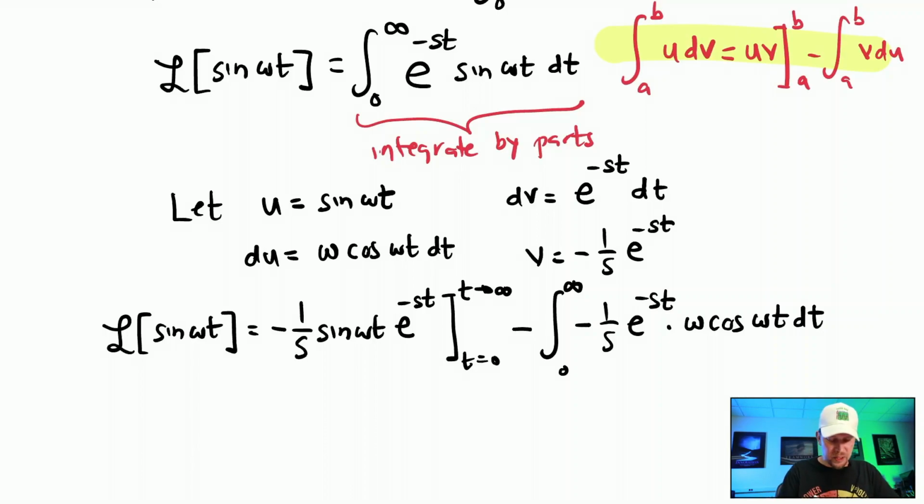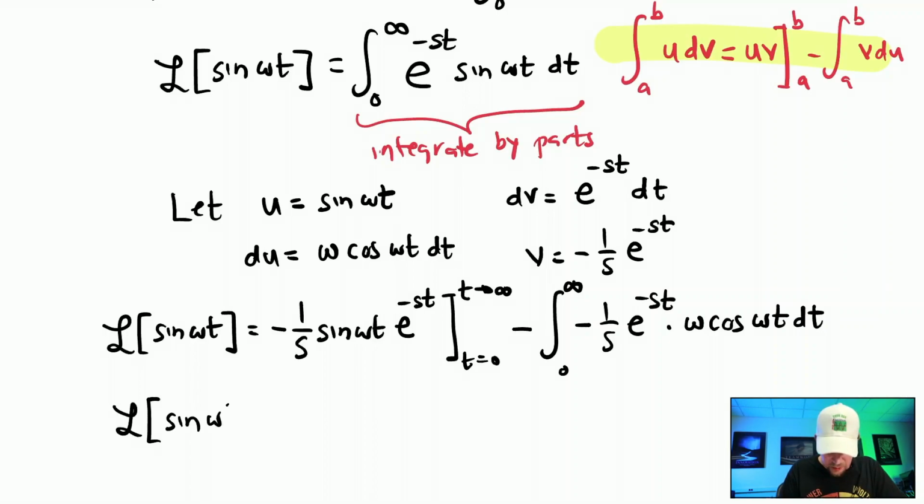Once again, I'm going to concentrate, at least initially, on figuring out what this part happens to be, right? And on top of that, the exponential, I'm going to take the denominator. The minus 1 over s is a constant. There are only two places here where the t actually appears. One is in the sine, one is in the exponential. So here, let me rewrite this in the following manner.